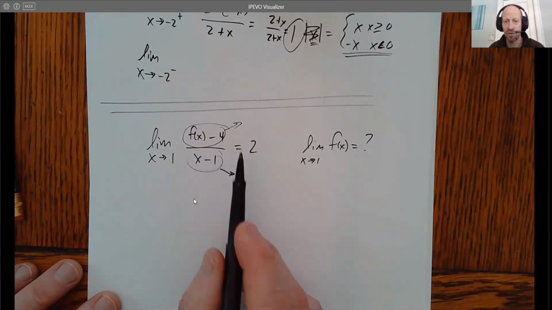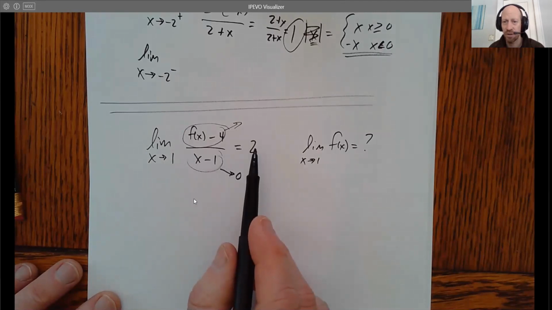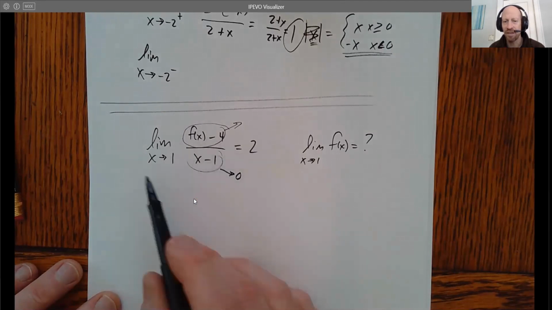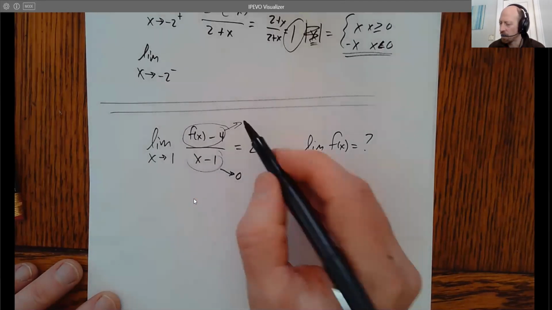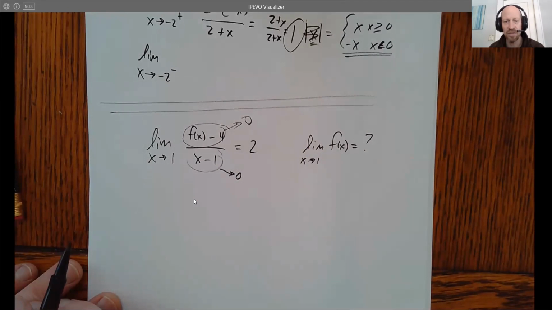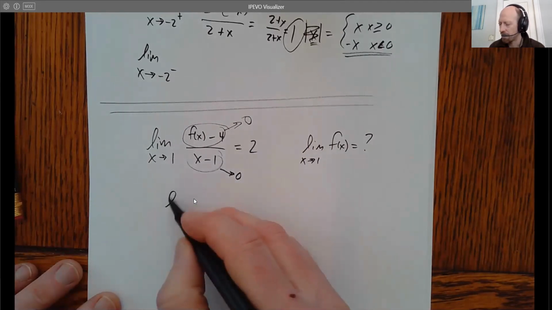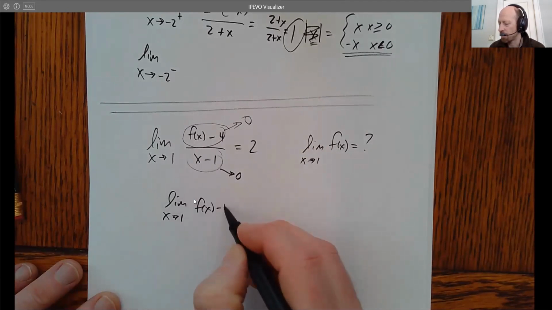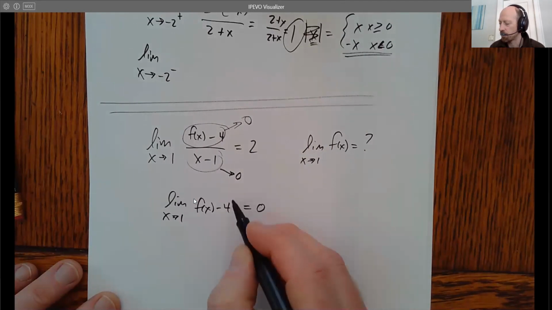If the bottom is 0 and the top is not 0, this wouldn't equal 2. This would be an infinite limit. So the only way that this limit is equal to 2 is if the limit on the top is going towards 0. So that tells me that the limit as x goes to 1 of f of x minus 4 has to equal 0.